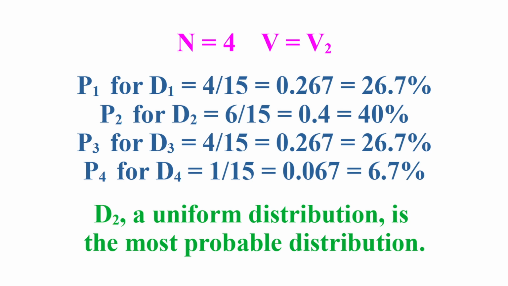D2, which corresponds to a uniform distribution of particles, is the most probable distribution and associated with the highest possible entropy. Since the W's and hence the P's are not too different in this case, all 4 distributions occur.